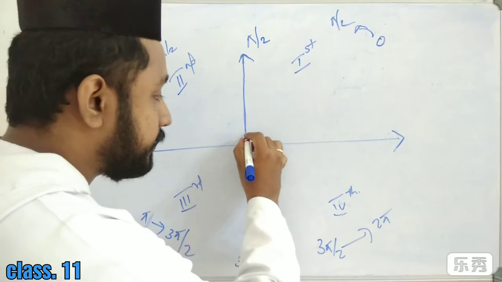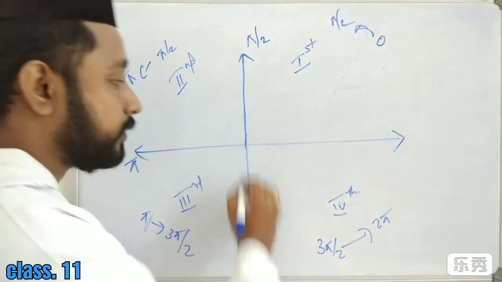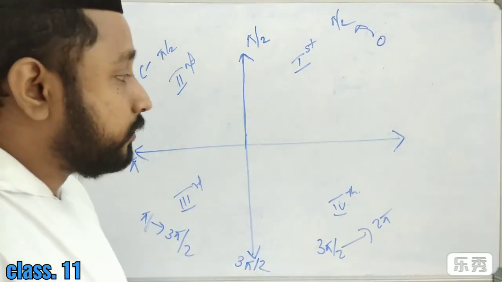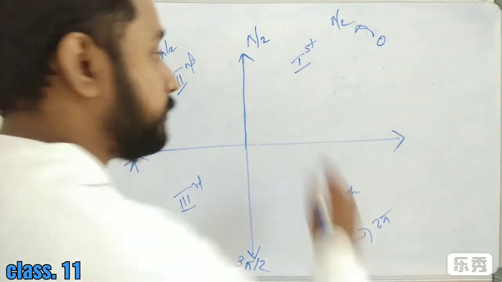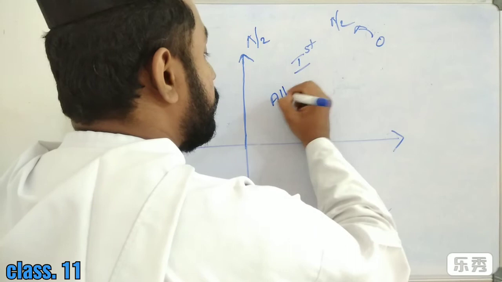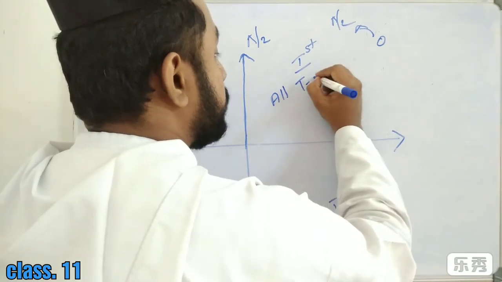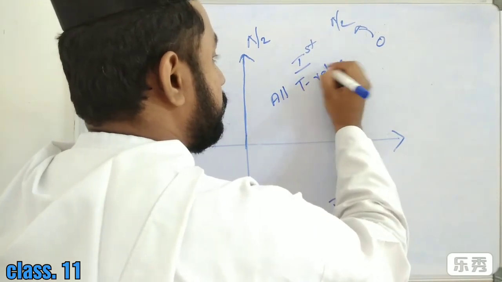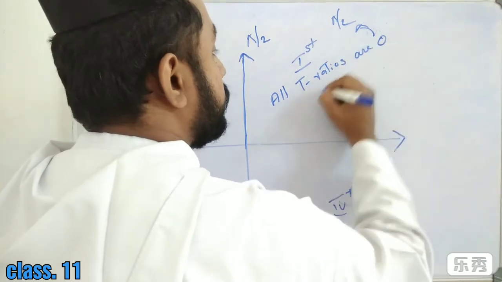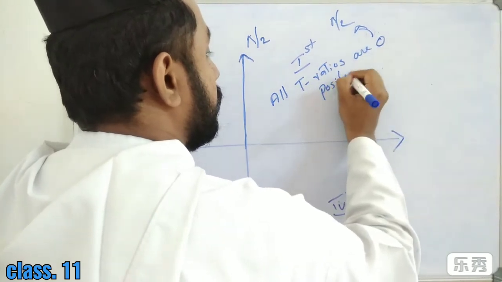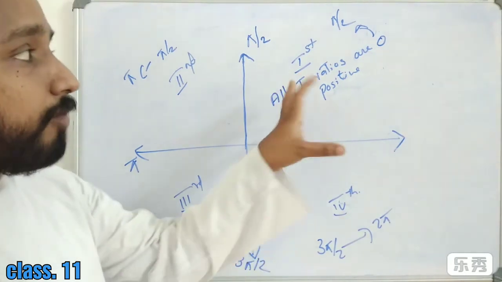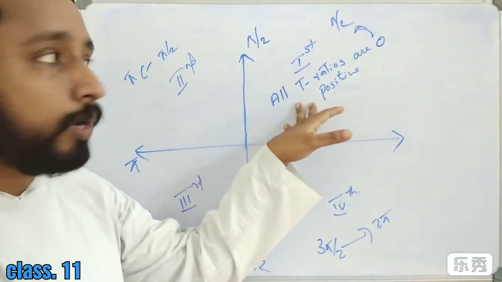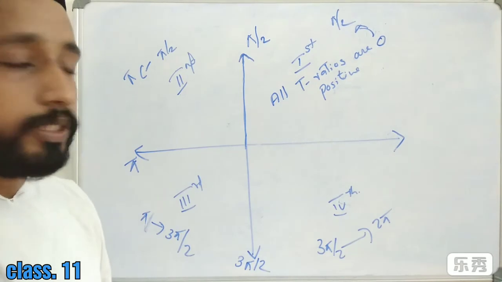And when we consider sin x, cos x, tan x, cosec x, sec x and cot x, we will get all positive values. So in first quadrant, all trigonometric ratios are positive.